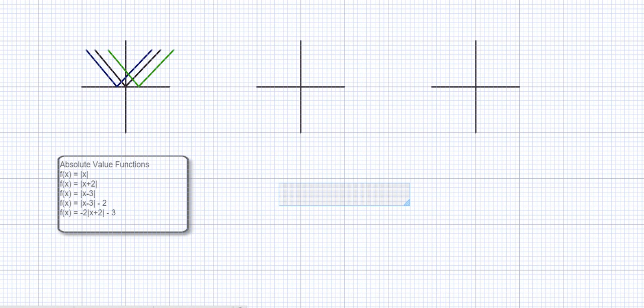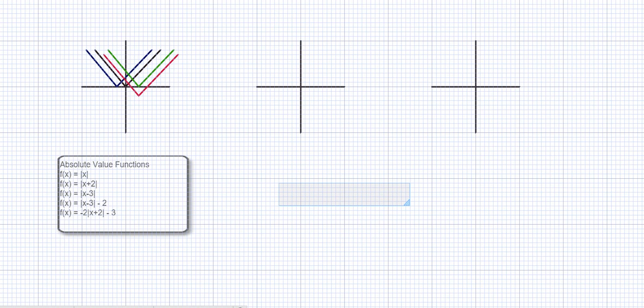So I'm going to use a purplish color to illustrate that. I'm going to start with where I was, and I'm going to move down 2. And then I'm going to draw in this function again in this purplish pinkish color. Okay, so there you have it. That's absolute value of x minus 3 minus 2.